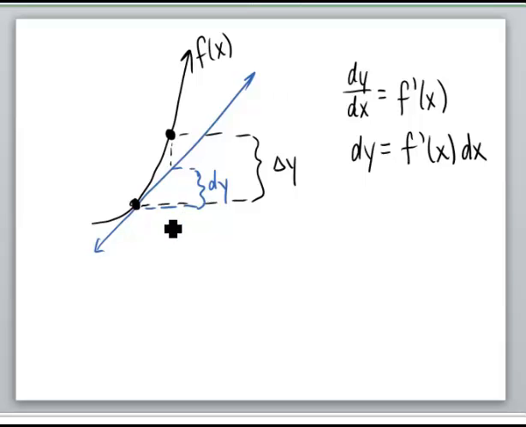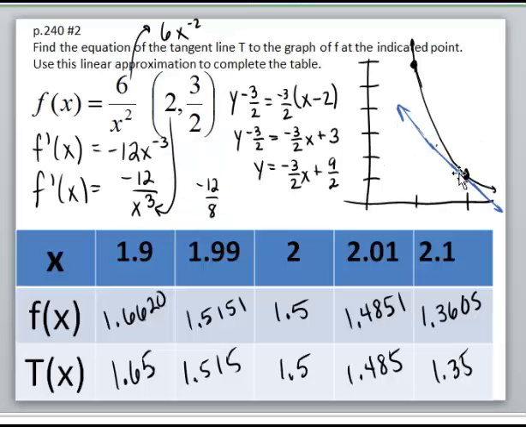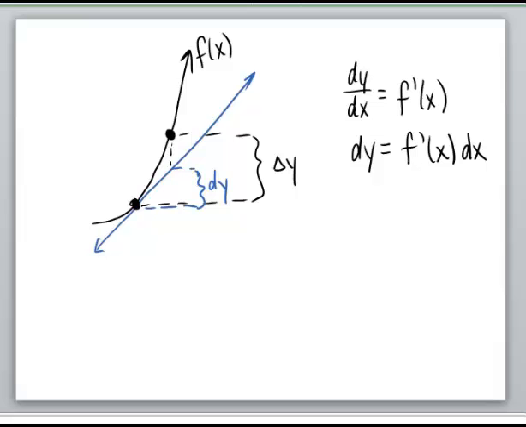What you saw in that last example was how I was using tangent lines to approximate the actual function height. The actual change in y, the y distance between these 2 points, we'll call change in y, is very, very close to what that height value is of that tangent line to the curve. Remember, it was really close the closer we got to that point of 2, and it was getting further and further apart the further away we get from that point.